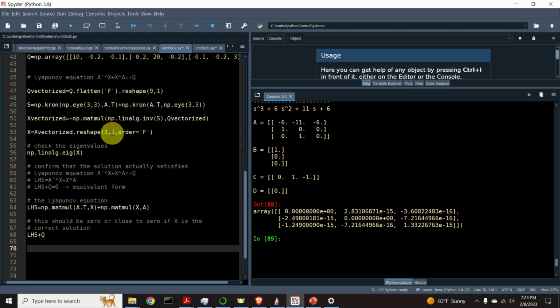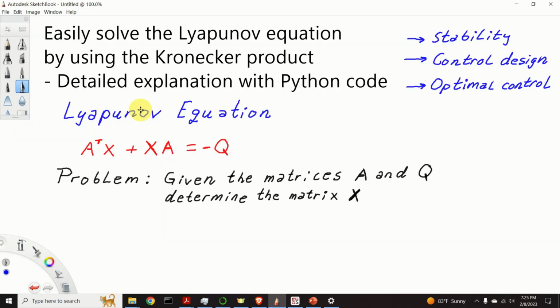over here. Before I start with explanations, I need to emphasize the importance of the Lyapunov equation. The Lyapunov equation is arguably one of the most important and fundamental equations in control theory, control engineering, and signal processing.